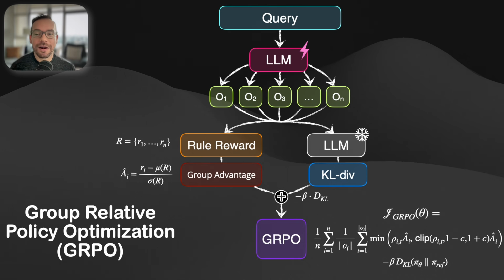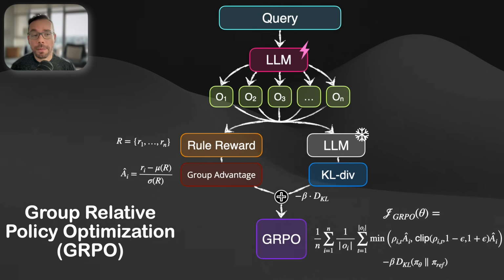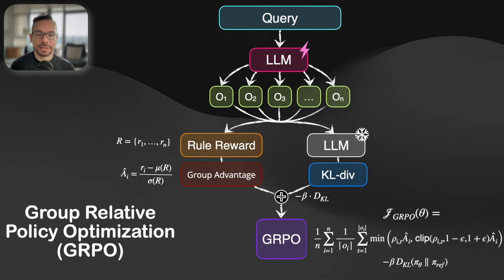Also notice that our advantage, A hat i, is calculated once for the whole sequence. It evaluates the complete reasoning pass, while the probability ratio rho i,t operates at each individual token. The clip function, as always, restricts that token probability ratio within a safe bound, typically 0.8 to 1.2.